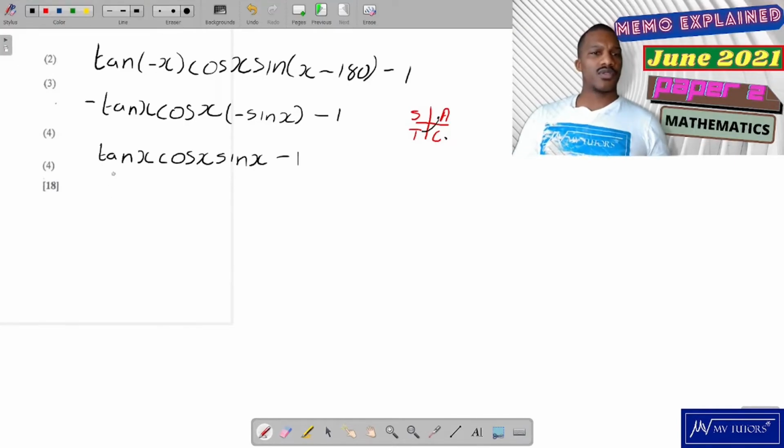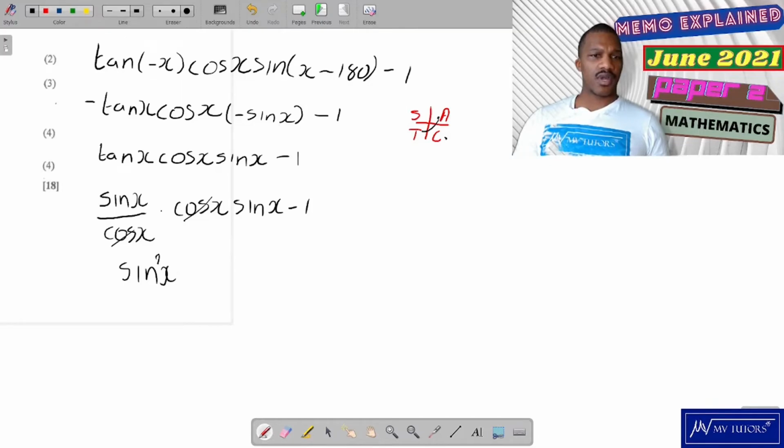So we are going to change tan x into sine x over cos x times cos x over here, and then we have sine x minus 1. So that cos x cancels with that one, and that sine x and sine x gives you sine x squared, and then minus 1.